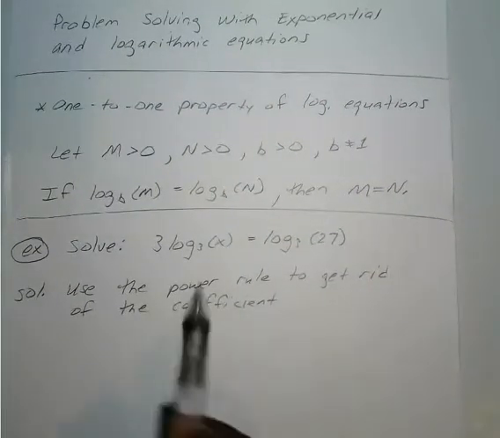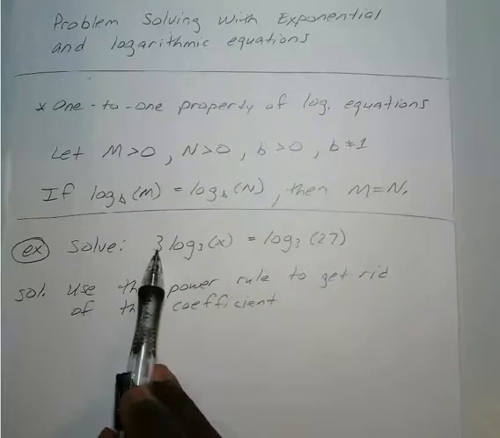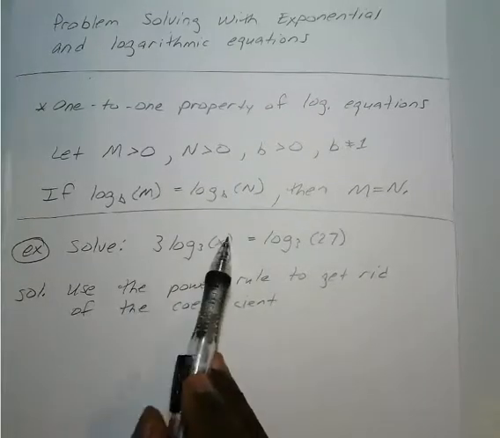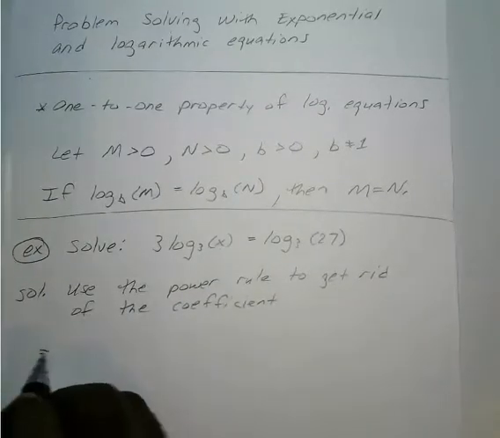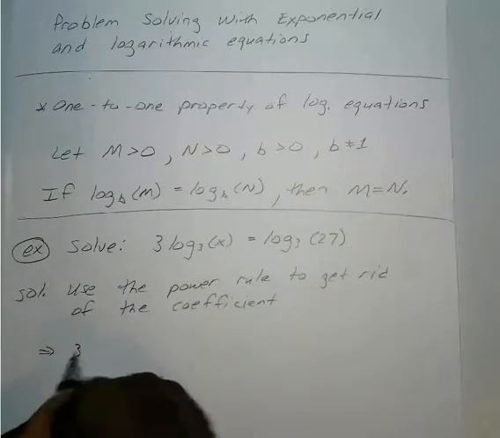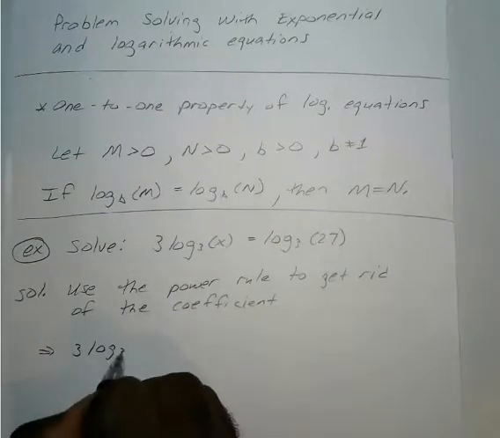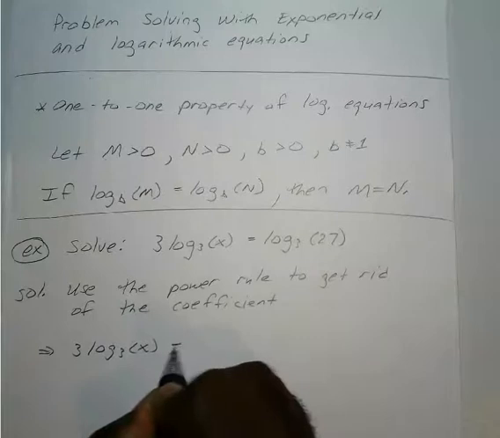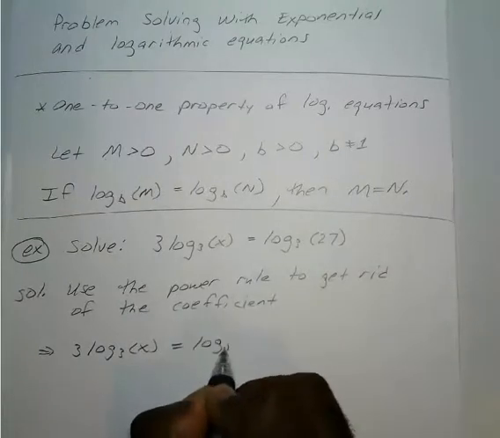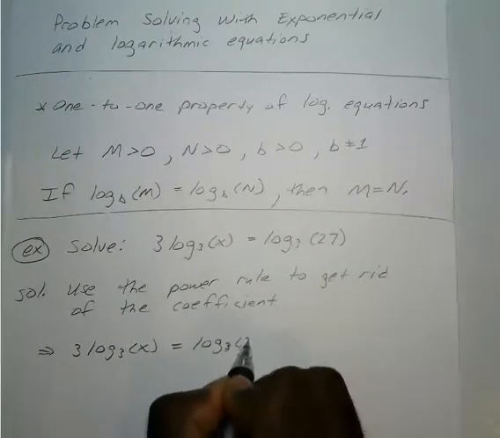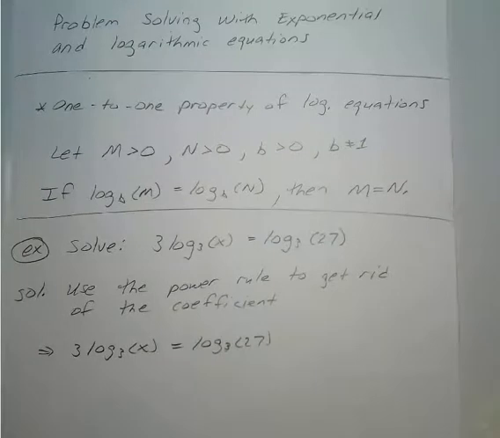That means the 3 from the power rule gets moved up there. Just writing where we're starting off, you have 3 times log base 3 of x equals log base 3 of 27.